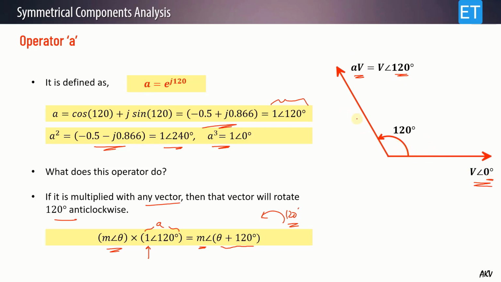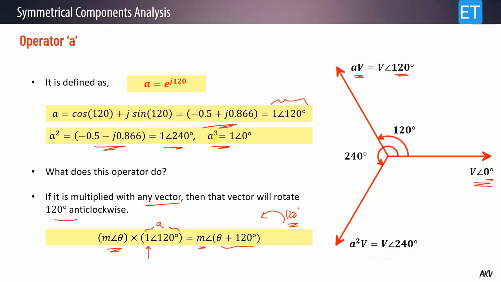So your vector is rotated by 120 degrees, and if I multiply this vector again by A, then it will be rotated by 120 degrees again in the anti-clockwise direction. So AV is multiplied with A again, A square V, or you can say that this vector is multiplied 2 times by A. So you get A square V, I mean V angle 240. So with every multiplication by A, your vector will rotate 120 degrees anti-clockwise.